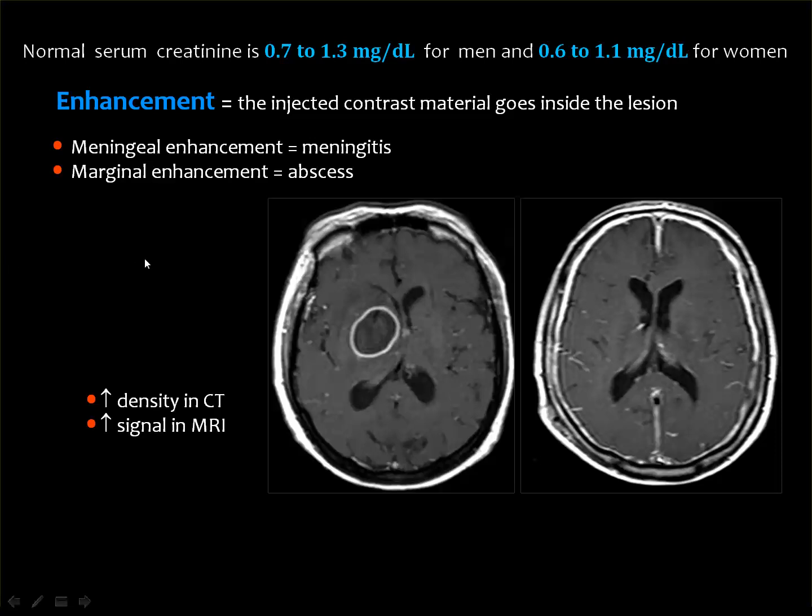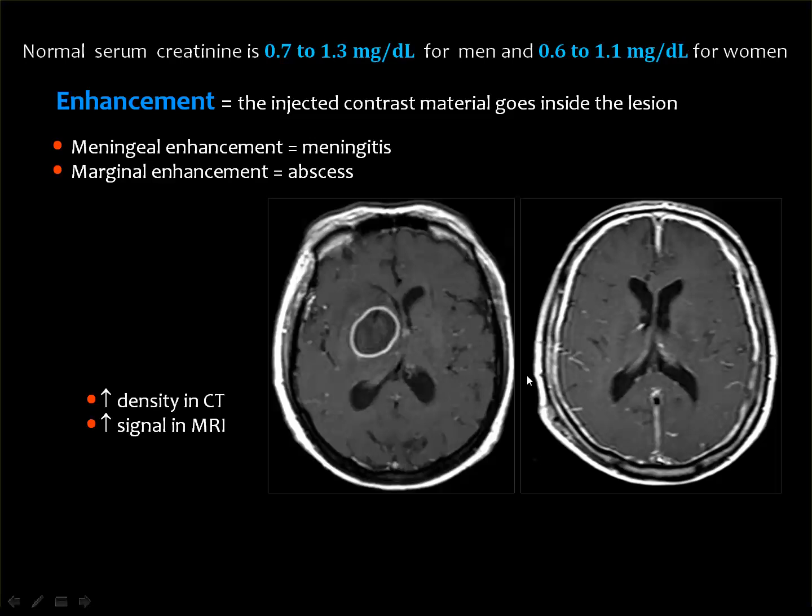You should know that for the patient to get an appointment for the examination, it takes some time and some effort. Then after this time and effort, the patient comes, and you say, oh, the creatinine level is 1.2, no, I cannot perform the examination. This is an aggressive attitude, I think.